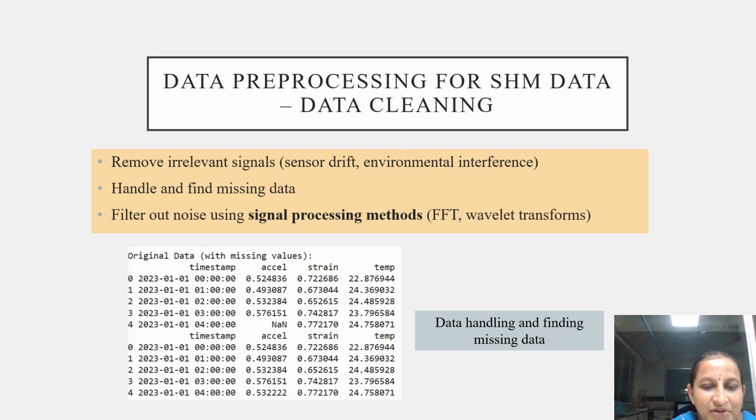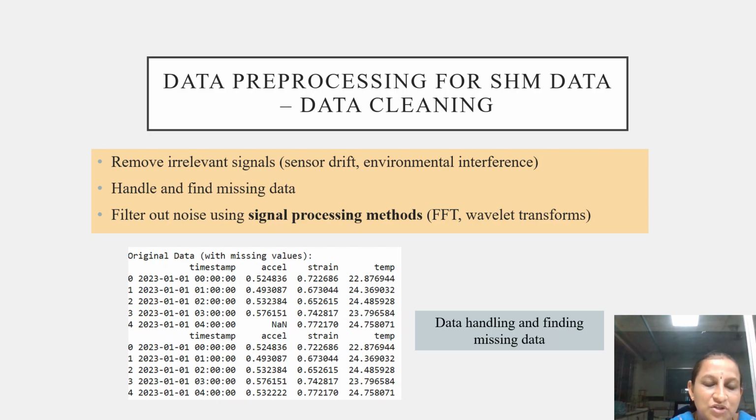As an example of how missing values are filled in by data pre-processing, it is given here. The data recorded here is acceleration, strain, and temperature for a particular date, recorded every 1 hour. In the last row of the first 5 rows, we can see that data is not available, and through the AI model or AI training the data is filled in.